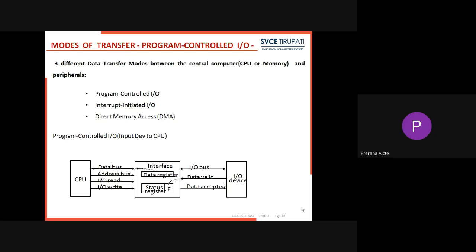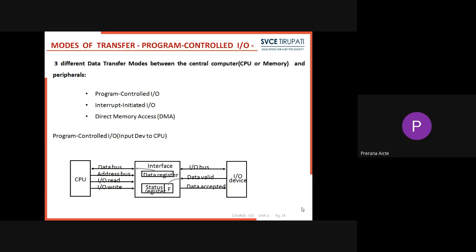If the flag is equal to 1, the processor reads the data from the data register. The flag bit is cleared to 0 by either the CPU or the interface. Once the flag is cleared, the interface disables the data accepted line and the device can then transfer the next data byte.